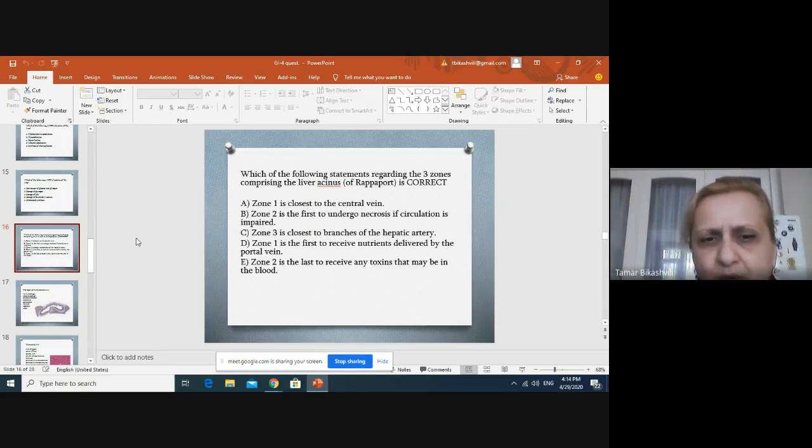Zone 1 is closest to the central vein. Zone 2 is the first to undergo necrosis if circulation is impaired. Zone 3 is closest to branches of the hepatic artery. Zone 1 is the first to receive nutrients delivered by the portal vein, and zone 2 is the last to receive any toxin that may be in the blood.